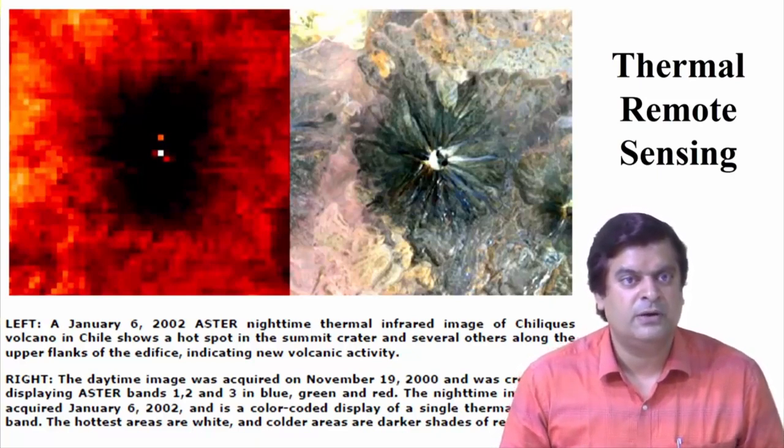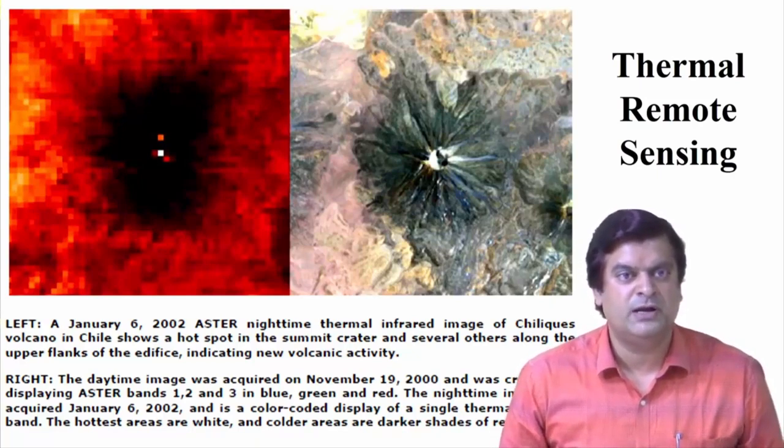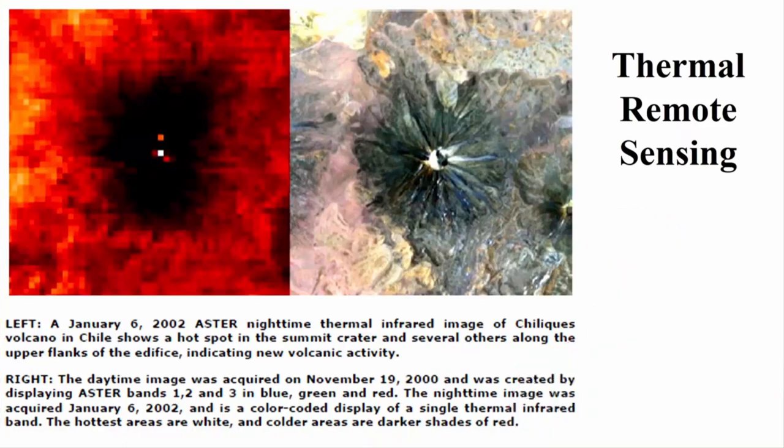For that, we look at the nighttime imagery, which is shown on the left side of the slide. That is the Aster thermal data set. Thermal sensors basically sense the thermal infrared energy emitted from the earth surface. For the volcanic structure, the energy emitted by the rocks and other portions of the volcano is very low, so we are not getting any high heat information for this location.